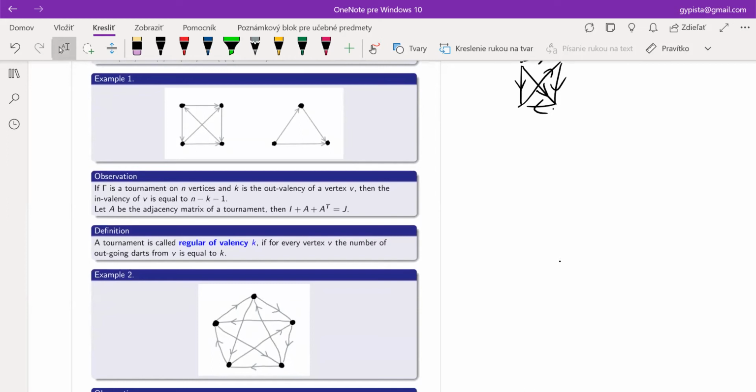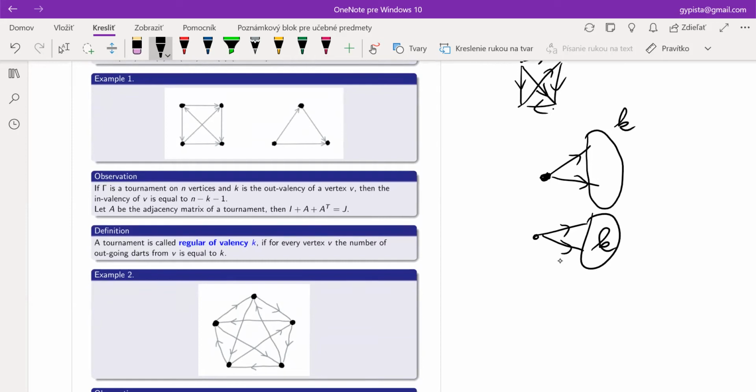Now, a regular tournament is such a tournament that if you consider every vertex, then the number of outgoing darts from each vertex is the same. Clearly, since for each vertex the number of incident darts is n-1, this means that the number of incoming darts is n-k-1.